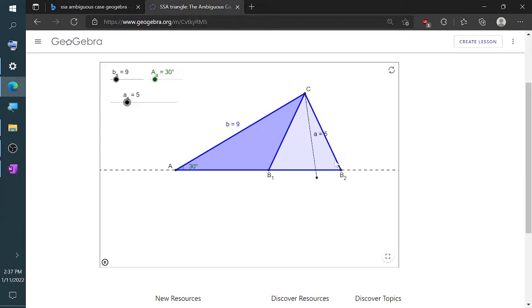The graph is showing that there are two different triangles that satisfy this given data. The first triangle corresponds to when the opposite side A is slanted toward the bottom left. The second triangle corresponds to when the opposite side A is slanted toward the bottom right. So there are two triangles satisfying the given data: one where the angle opposite B equals 9 is obtuse, and one where it's not.